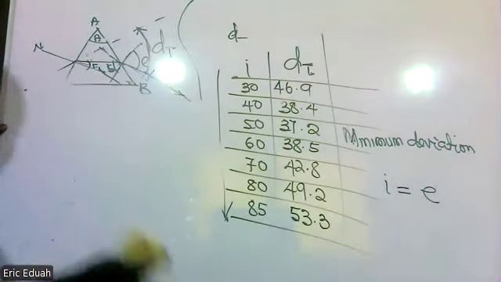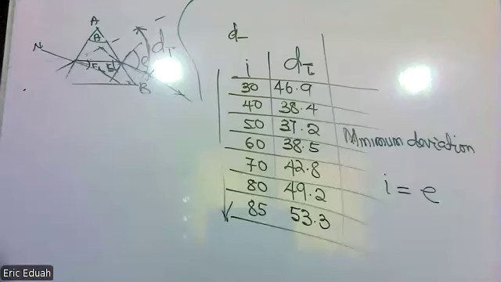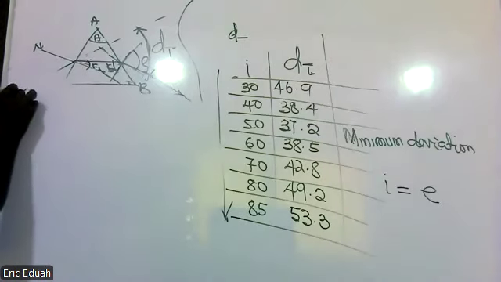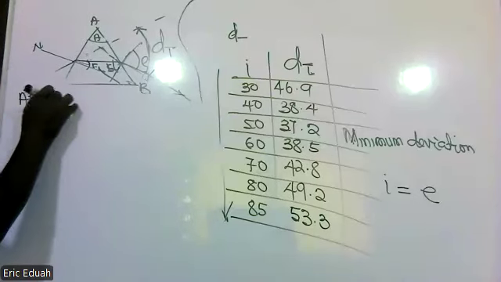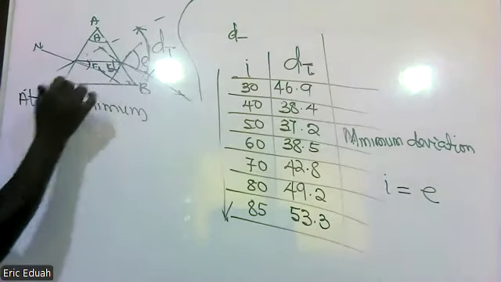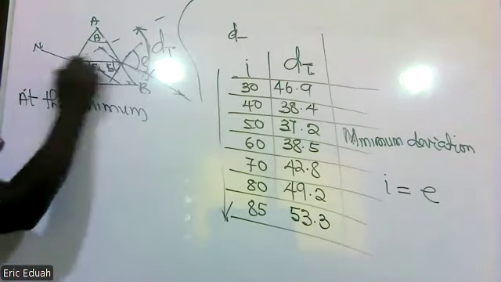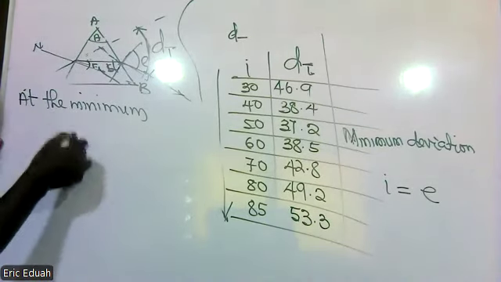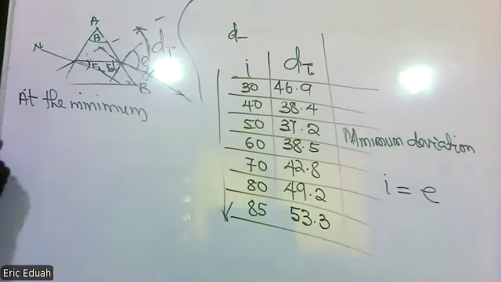We deduce that at the minimum deviation, the light ray passes through the glass prism symmetrically.